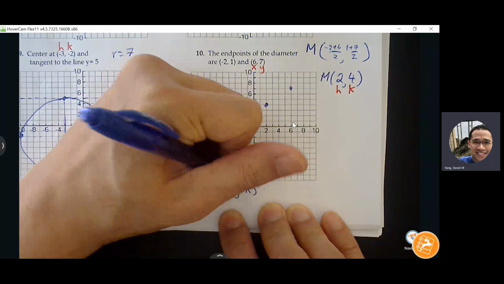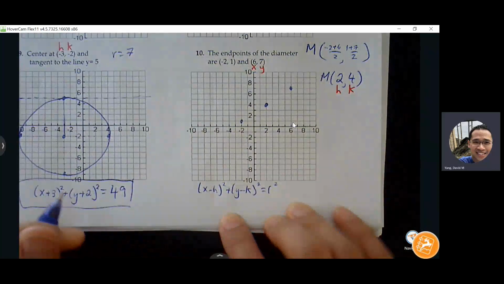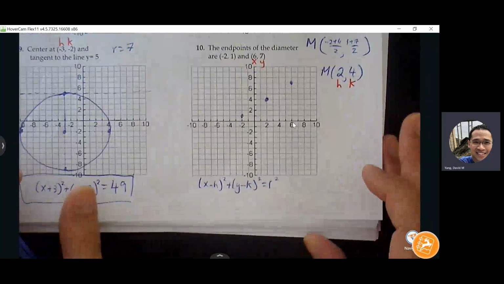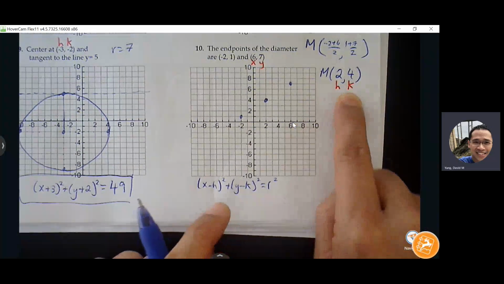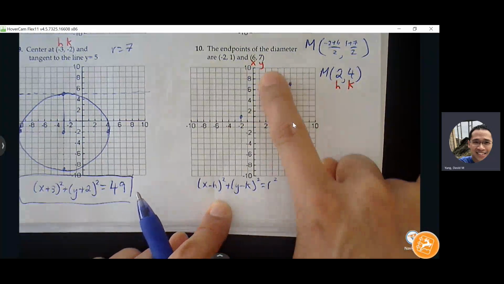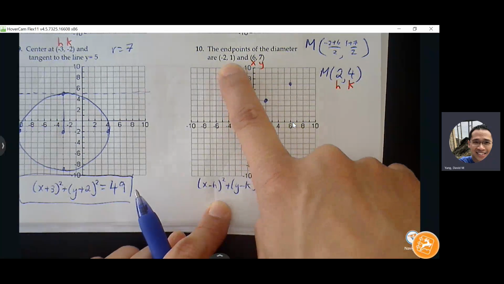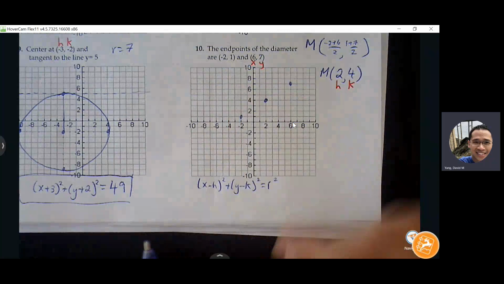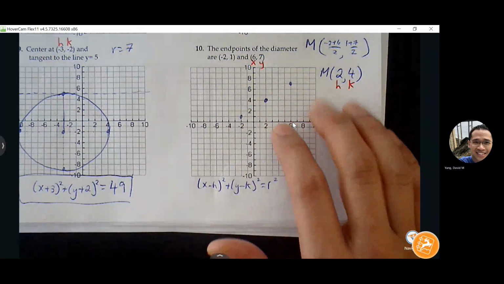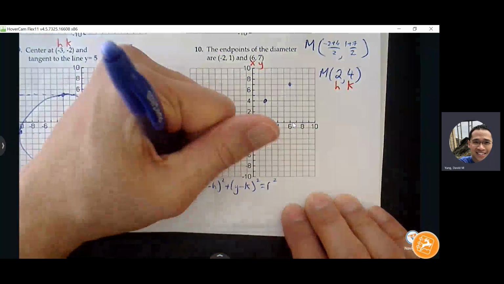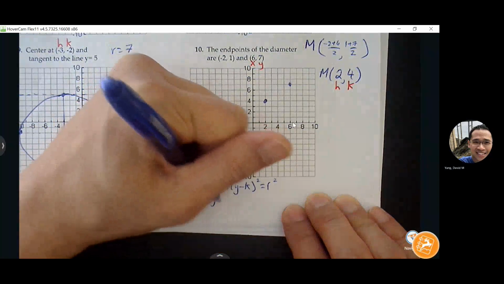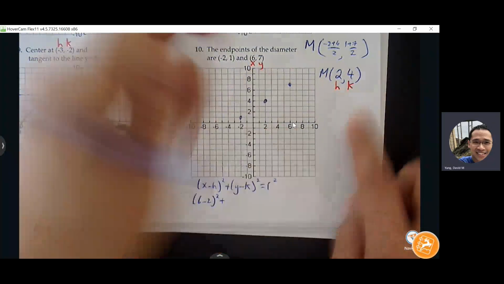Again, there are multiple ways that you can get to your answer, but this is the way I'm going to do it. Okay, so replace h, k with 2, 4, and I'm just arbitrarily choosing 6, 7. You can also choose negative 2, 1 for x, y as well. Either way, you're going to get to the same answer. Okay, so 6 minus 2 squared plus y minus k squared.